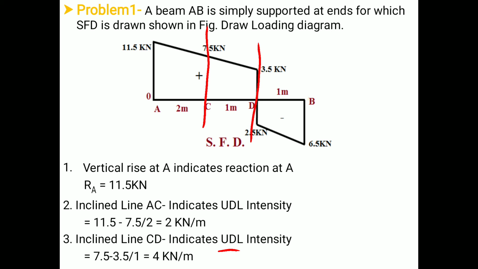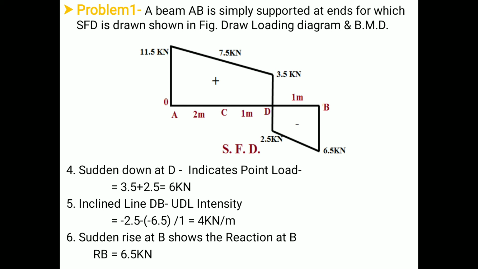So 7.5 minus 3.5 divided by 1 gives 4 kilonewton per meter, the intensity of UDL for the loading diagram. Next, at point D, we have a sudden drop from 3.5 to 2.5.